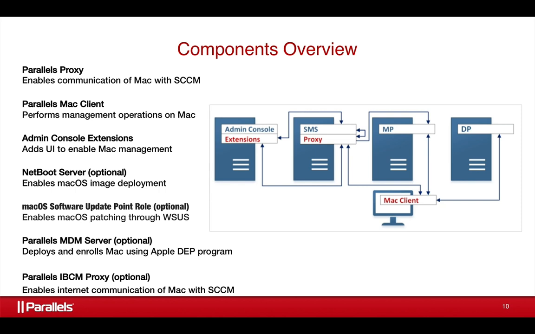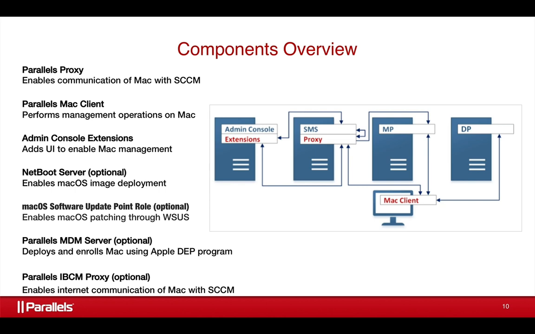We can put our extensions not only, of course, on the Config Manager server, but also on Windows 10. If you've got Configuration Manager that runs on Windows 10, you can add our extensions and you can manage off the server. NetBoot Server Service, that's an optional piece that we put on a distribution point to enable image deployment from that server.